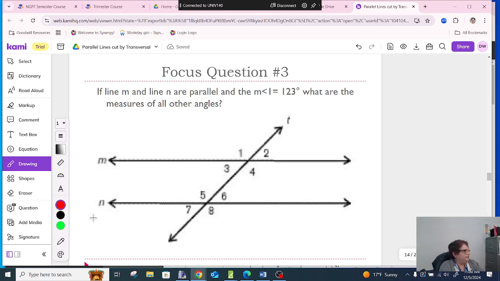How confident do you all feel on your answers? Confident? Or still a little shaky?